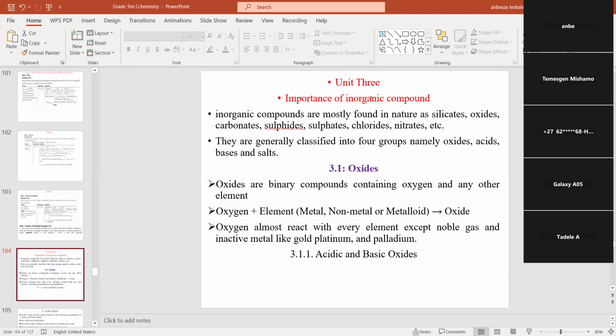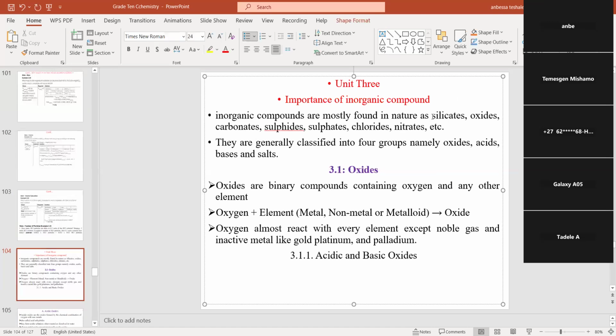Let's see unit 3. When it comes to importance of inorganic compound, inorganic compounds are mostly found in nature. አብዛኞቹ inorganic compounds በተፈጥሮ የምናገኛቸው ናቸው። We can get inorganic compounds in different forms.